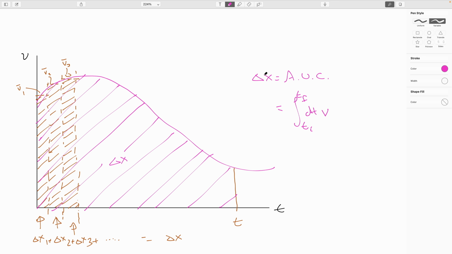Now, that's the displacement, but we can also remember the displacement is x final minus x initial. So it'd be equal to that integral.